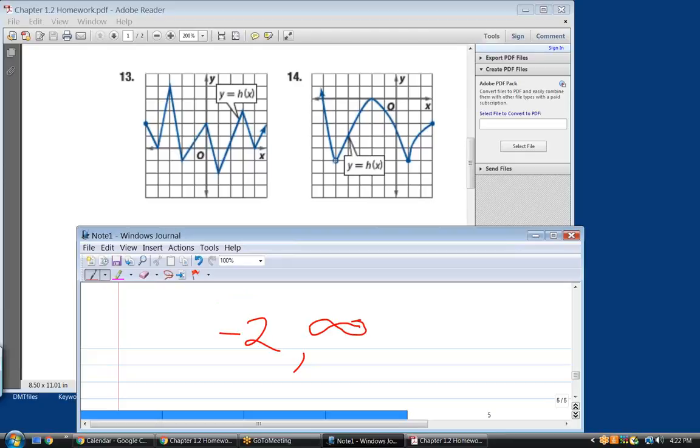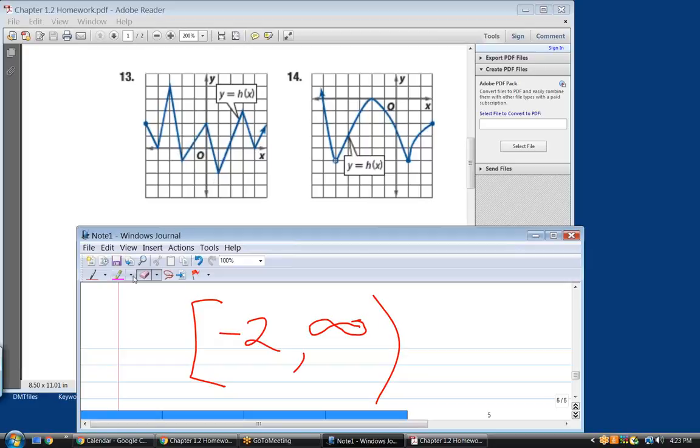Now what do I need around it? Brackets, on the left because that's actually there on the figure. Exactly. You can have that value. Domain and range is all about what you can have. Can you find a y that's equal to -2? Yes, you can. Right there.